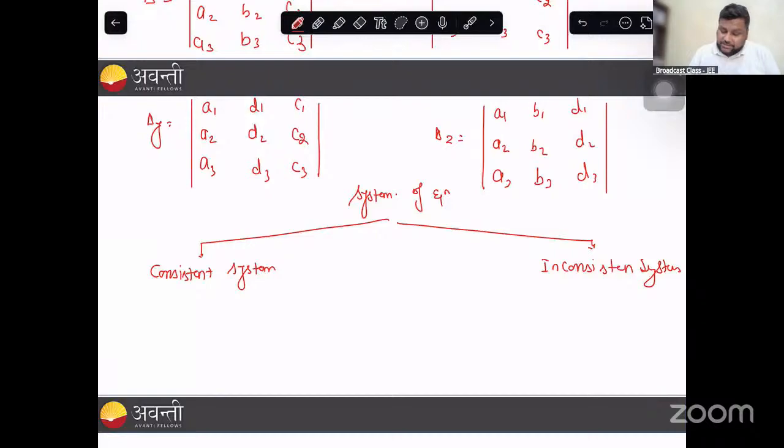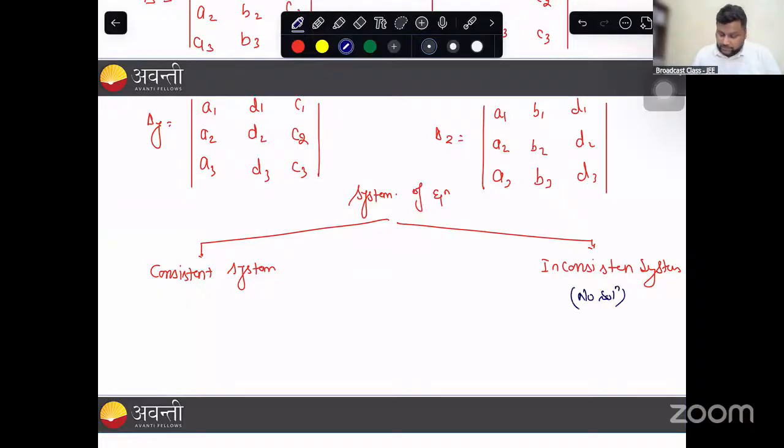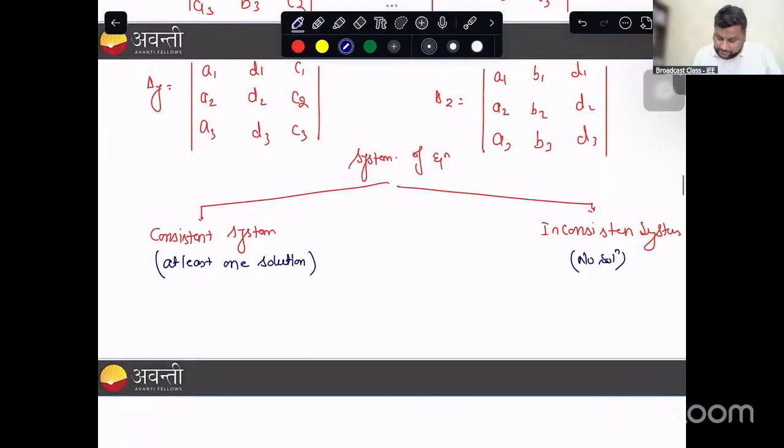Inconsistent system means no solution. Consistent system means at least one solution. Now in the consistent system, we again have two things: unique solution and infinite solution.